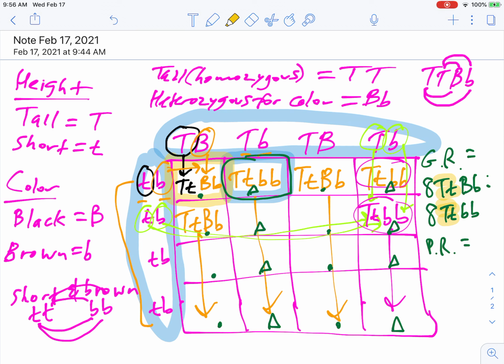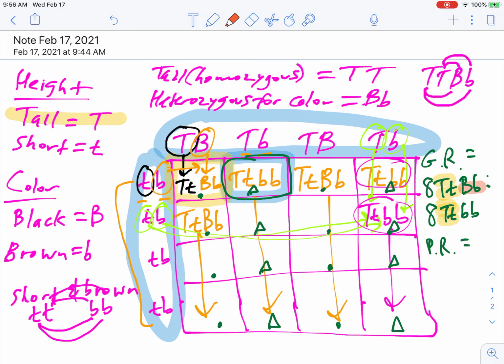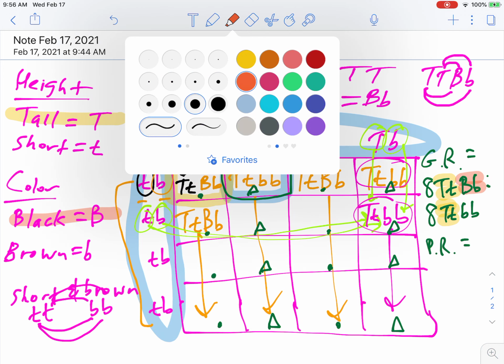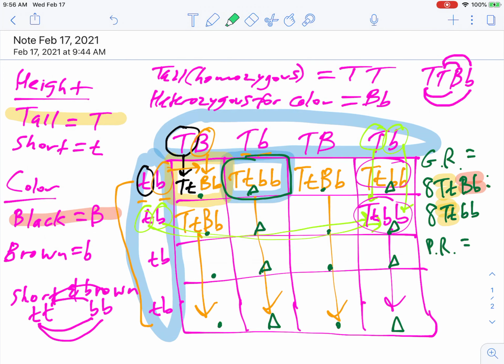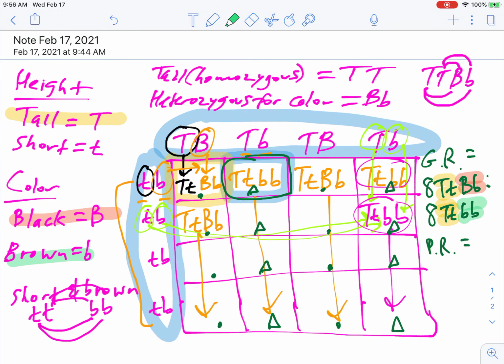They do happen to both have that tall characteristic, a big T, but they differ in the fact that the one has the dominant allele, it's black in color, but the other ones, since there's 8 of them, are recessive and have brown color. So with that in mind, we have to be really careful how we do our phenotypic ratio.